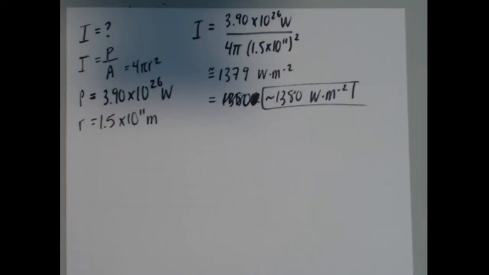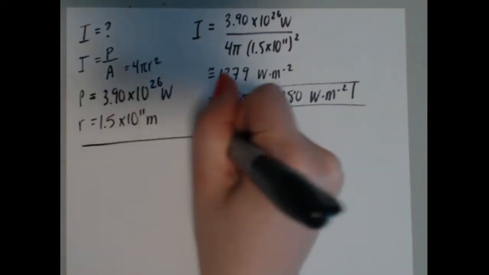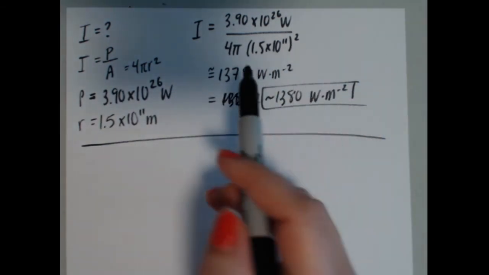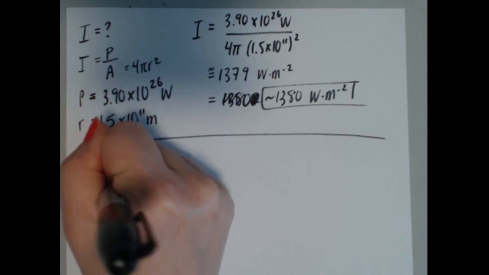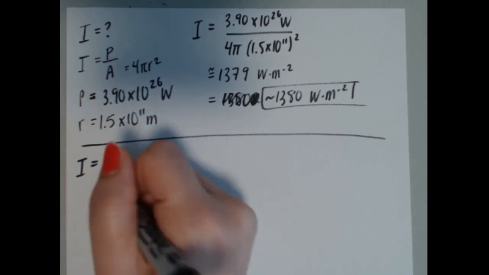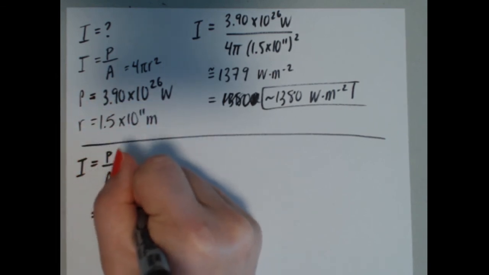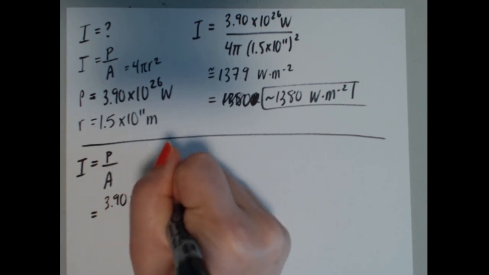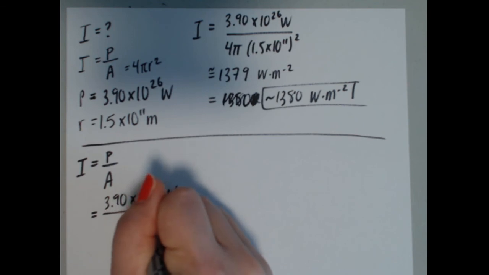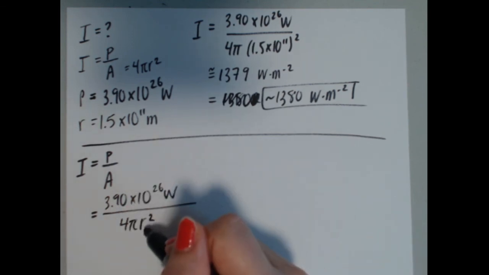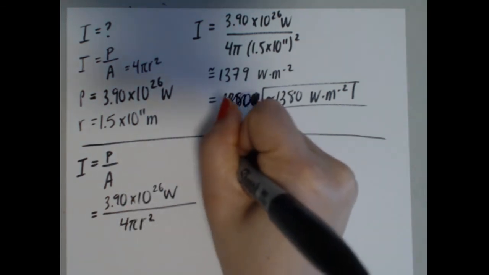So going back to our page here, we're looking for Jupiter's solar constant, and so we're looking for intensity. Intensity is power per unit area. The power that's coming from the sun is not changing. It's still 3.9 times 10 to the 26 watts. What is changing is the distance that we are away from the sun. So the R is changing, and we're given that R value in the problem.